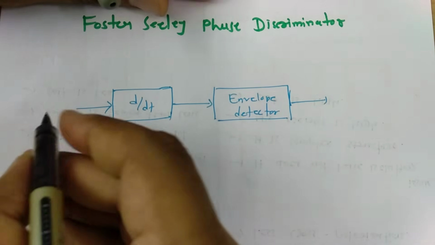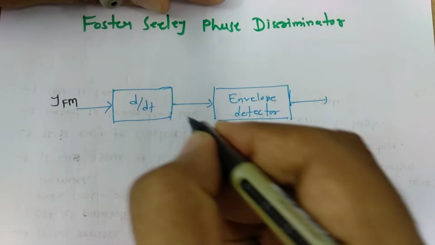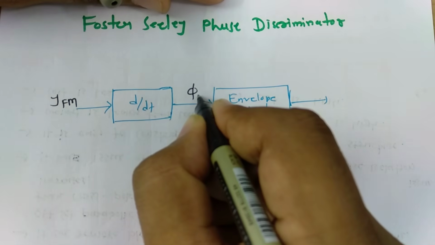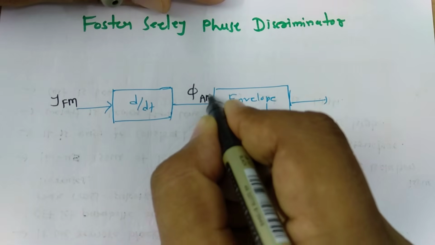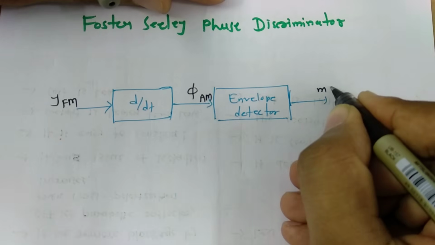So our input signal will be the FM modulated signal, and then we get a signal which is phi of AM, somewhat similar to an amplitude modulated signal.